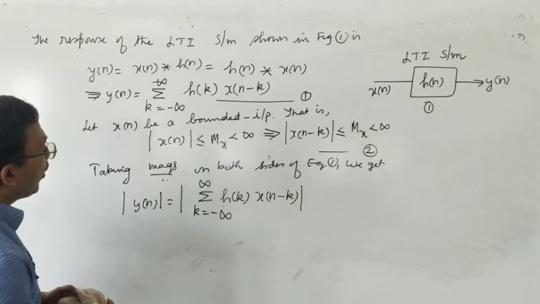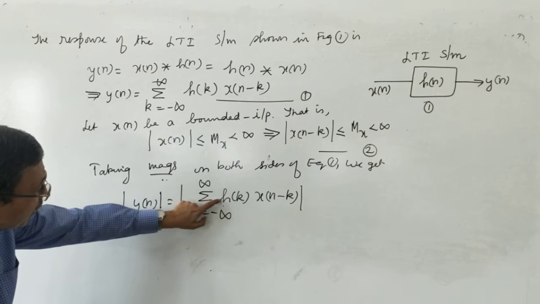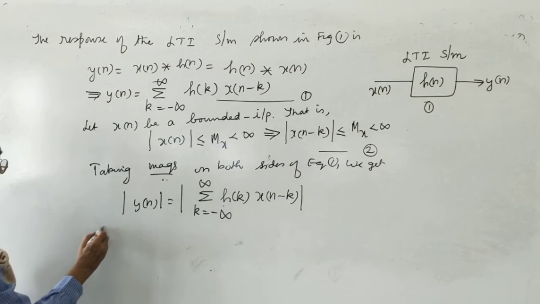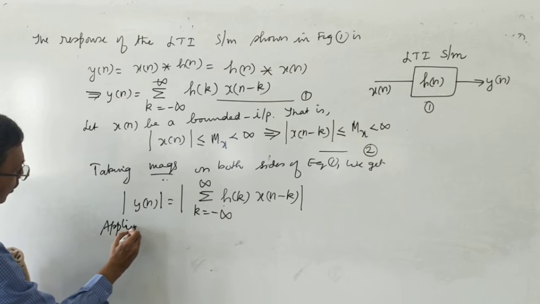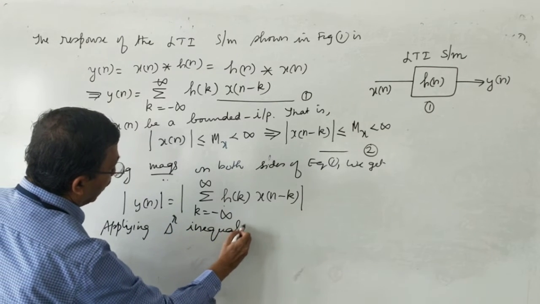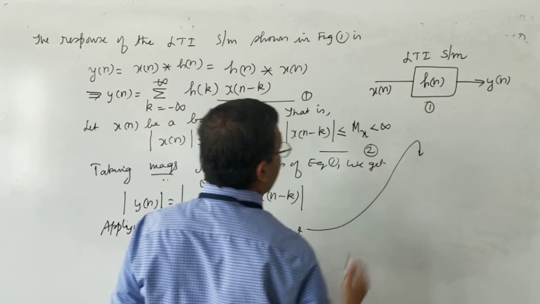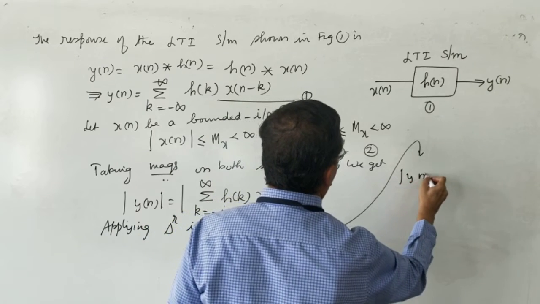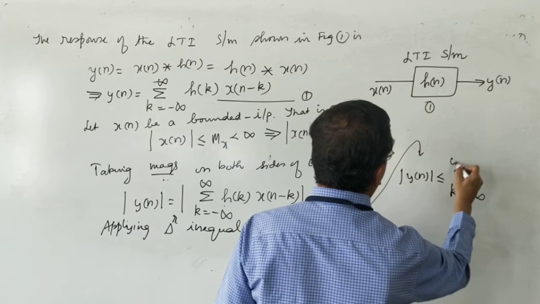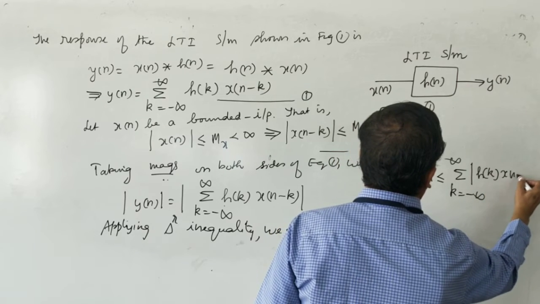Applying triangular inequality. What is triangular inequality? When you take this modulus inside the summation, this equal to becomes less than or equal to. So applying triangular inequality, we get magnitude of y of n less than or equal to summation k equals minus infinity to plus infinity modulus of h of k into x of n minus k.